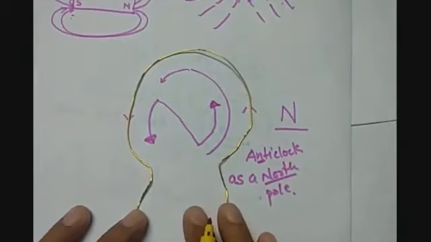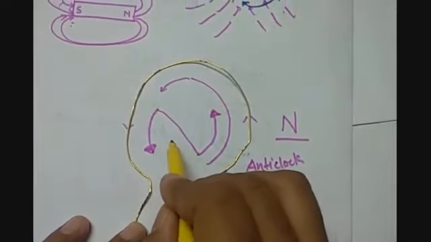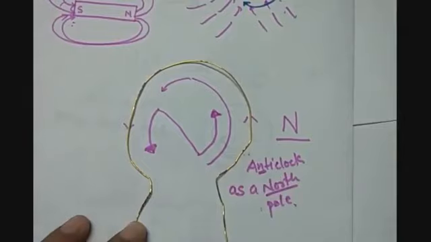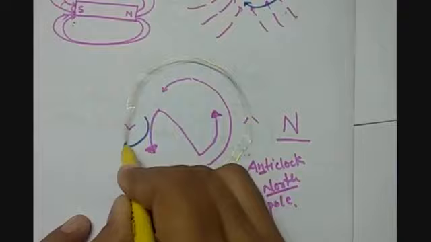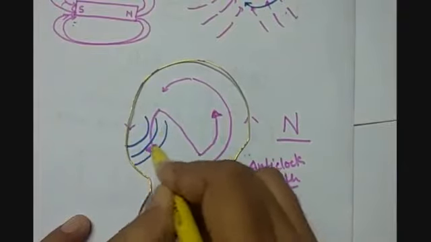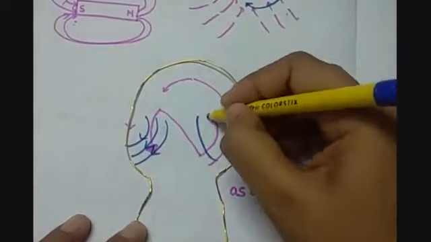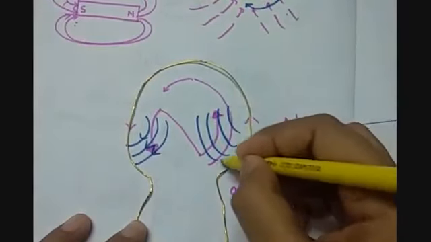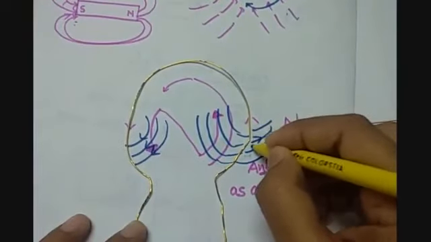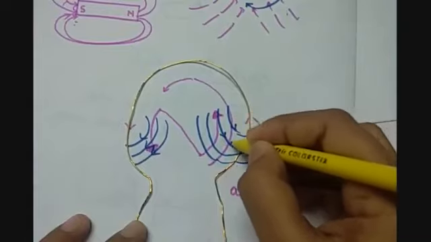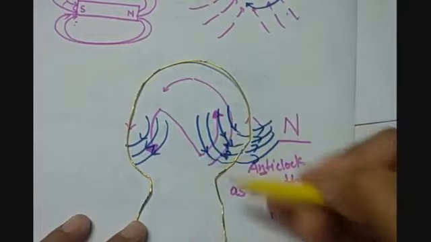Why? Because at the north pole, if we apply the right hand thumb rule here, then how will the magnetic field lines be generated? It is in downward direction, so the magnetic field lines will come in this way, and if we apply the right hand thumb rule here, then also the magnetic field lines will flow in this direction. That means they are coming out.